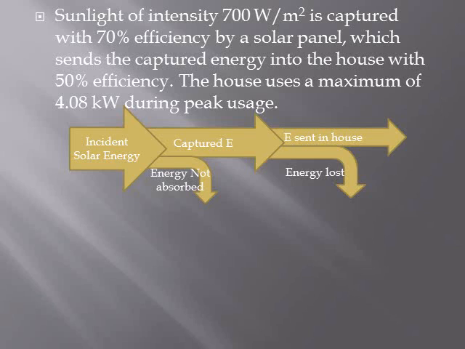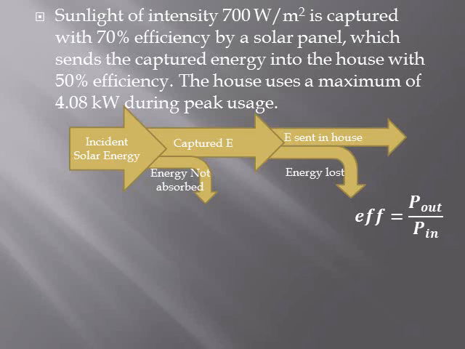And then what we want to know is how much area we need. So the area is going to affect how much of this incident solar energy we can actually absorb. We know how much we want out. We want 4.08 kilowatts of energy. That's how much we want to get out.